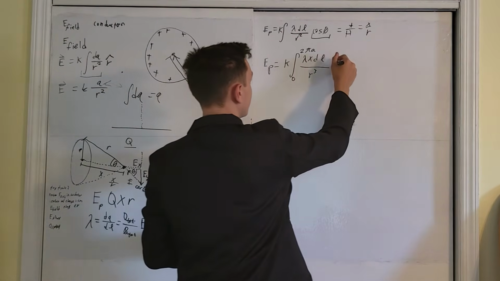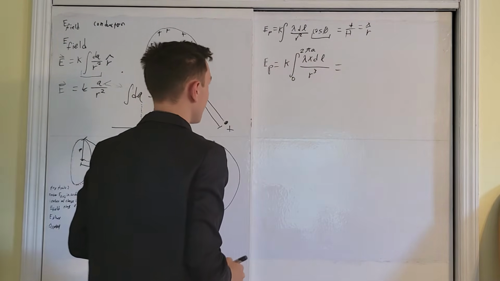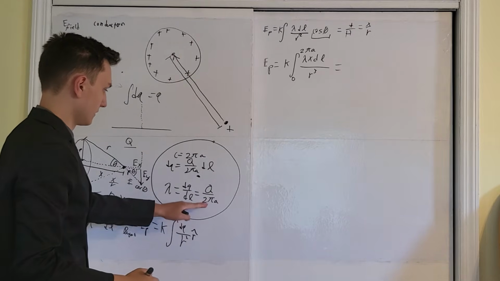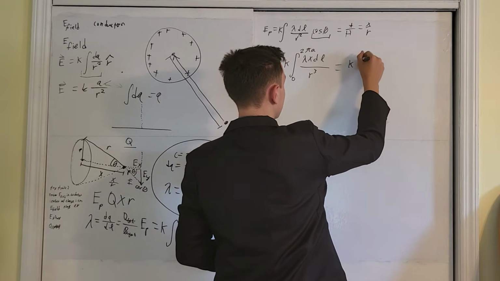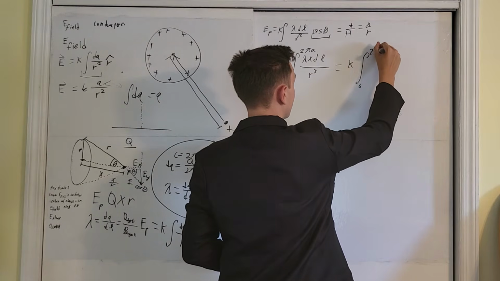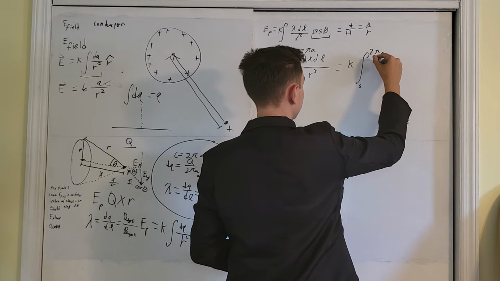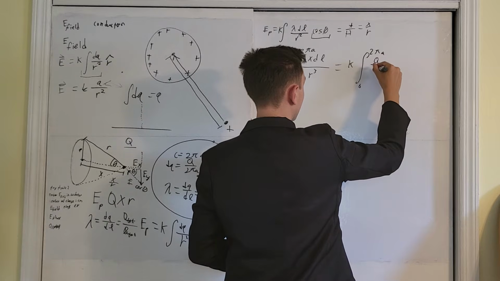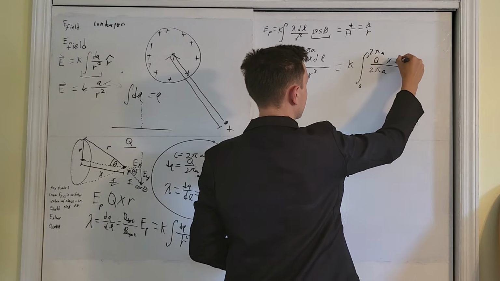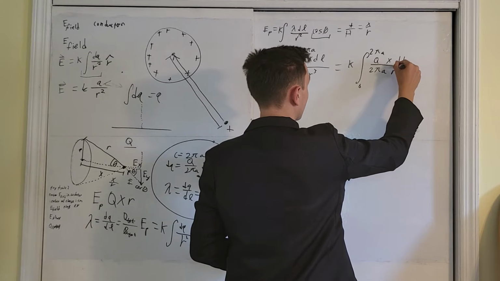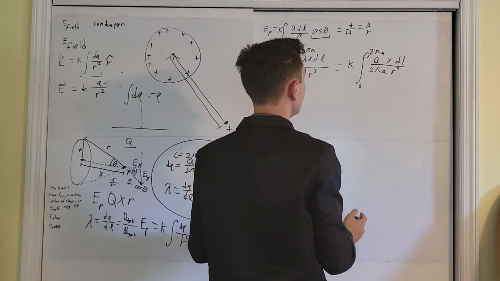Now I'm going to rewrite this integral with lambda put back into the derivation we gave it: equals k times the integral from 0 to 2 pi a of q over 2 pi a times x dl over r to the third. So now is when I do my integration.